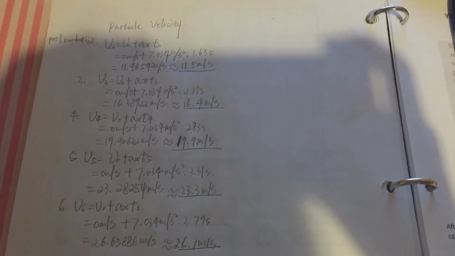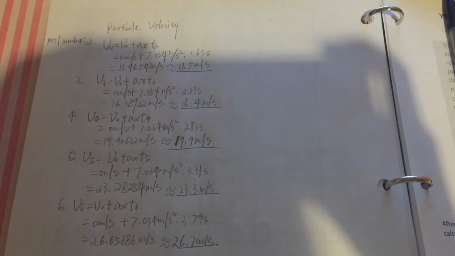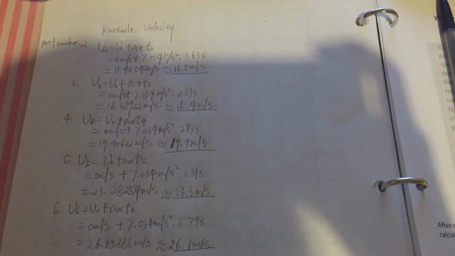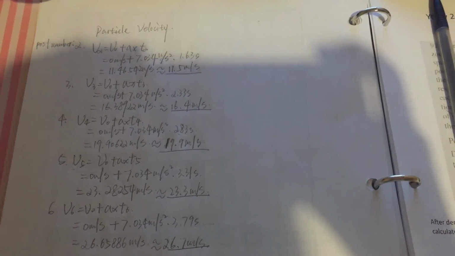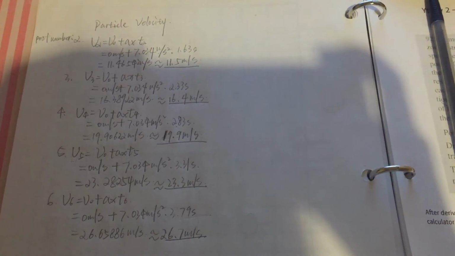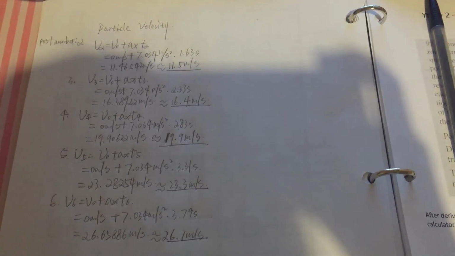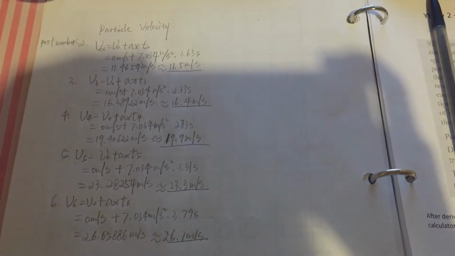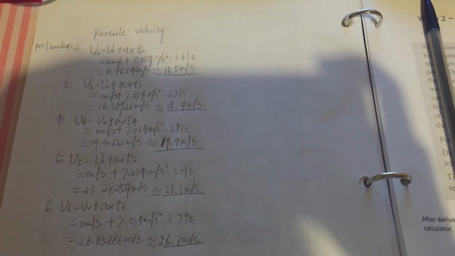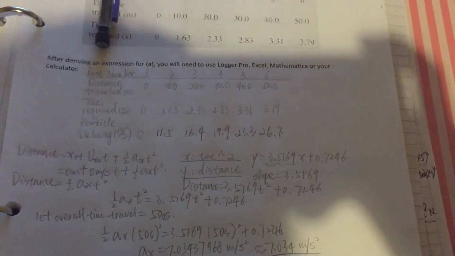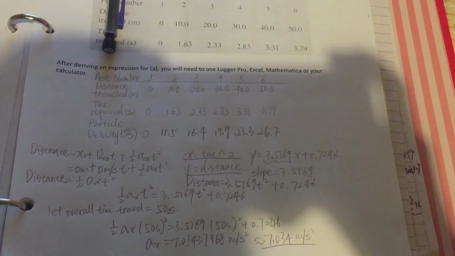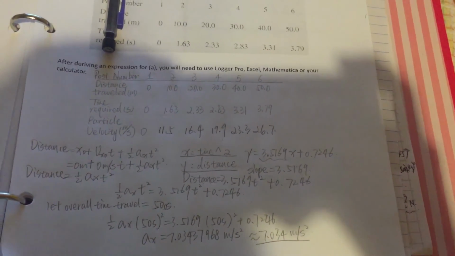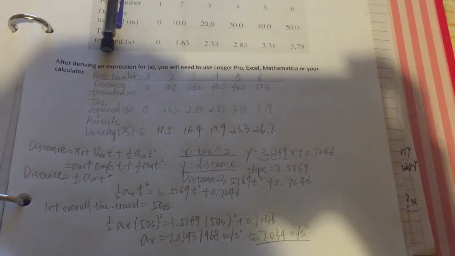At 3.31 seconds, I got 23 meters per second. And at 3.79 seconds, I got 26.7 meters per second. So I also plotted the particle velocities into this plot.